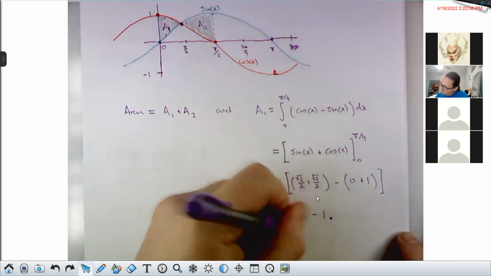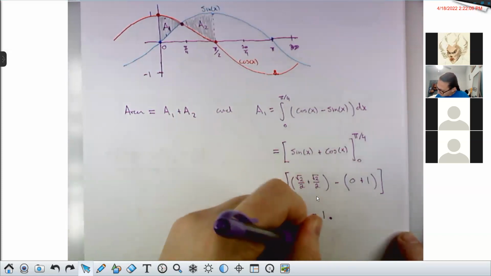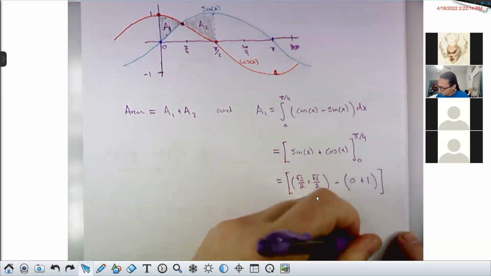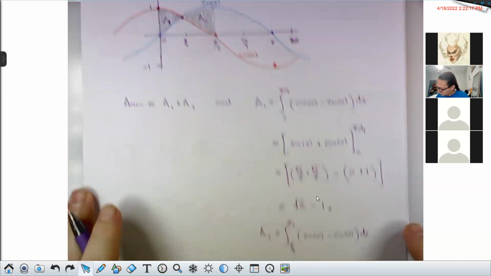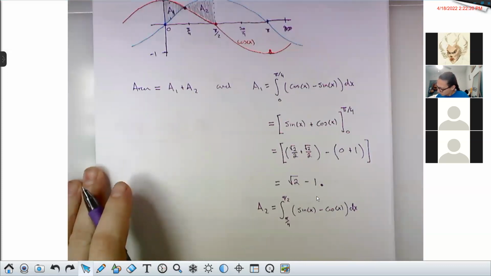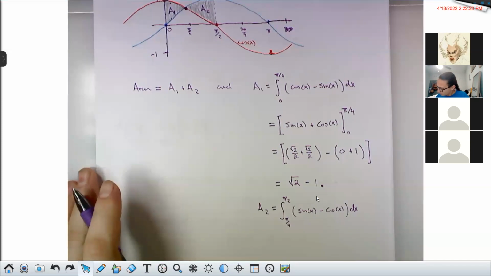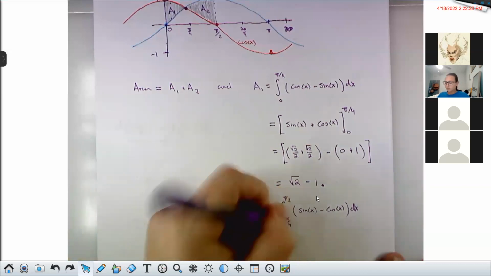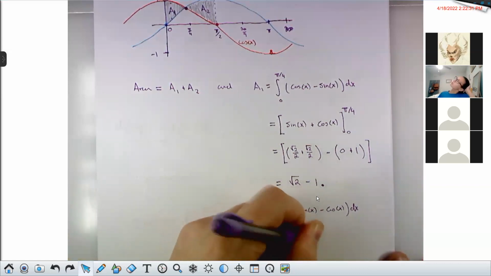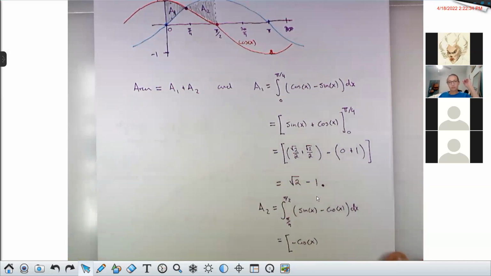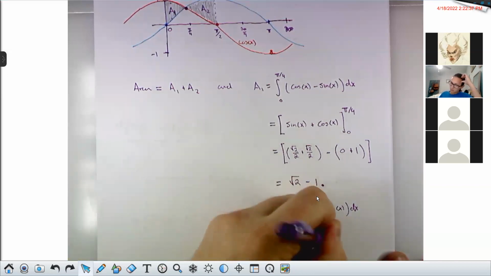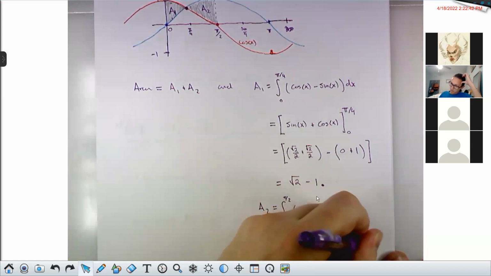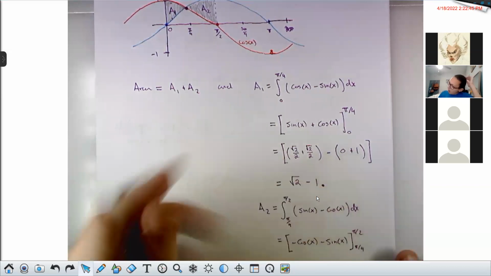Pi over 4 to pi over 2, integral of sine x minus cos x dx. Same sort of antiderivative stuff. Antiderivative for sine x is negative cos x minus an antiderivative for cos x is sine x. And we evaluate this from pi over 4 up to pi over 2.